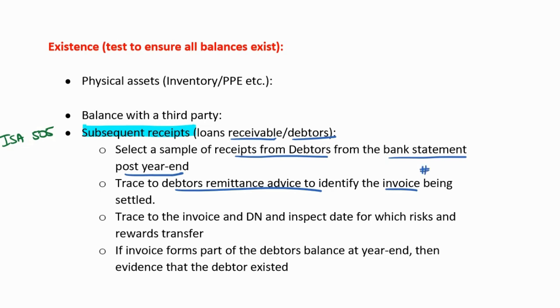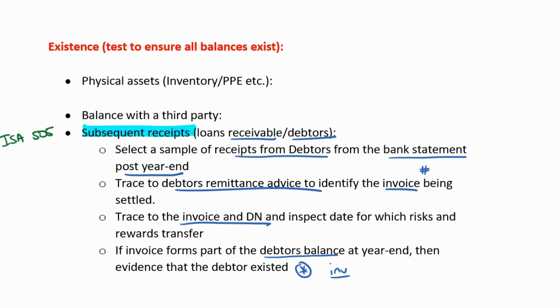I then get the invoice number from that remittance advice and I go to the invoice and the delivery note to see when risks and rewards transferred for that invoice. When did we deliver the stock to the debtor that the debtor is now making payment for? And if that was before year end, then it means that that invoice forms part of the debtor's balance before year end, and so the debtor existed. At least that invoice amount for that debtor existed at year end.